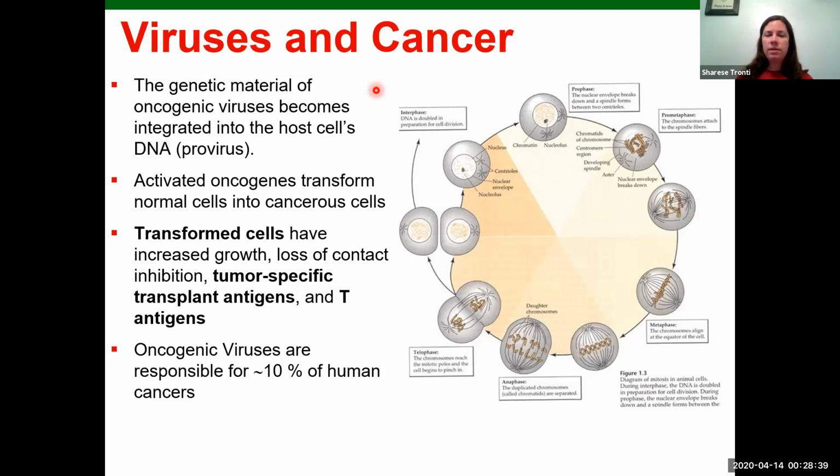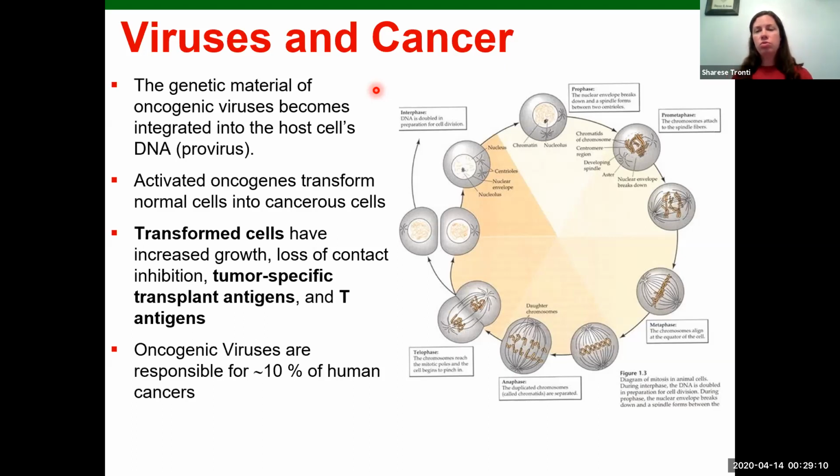So now these cells have increased growth and loss of contact inhibition. Contact inhibition, in case you don't know, is when cells typically grow, and once they start touching each other, that signals to the cell to stop growing. But in transformed cells, that's not going to happen. So the cells, they're already touching each other, they're confluent, and they should stop growing, but they don't.